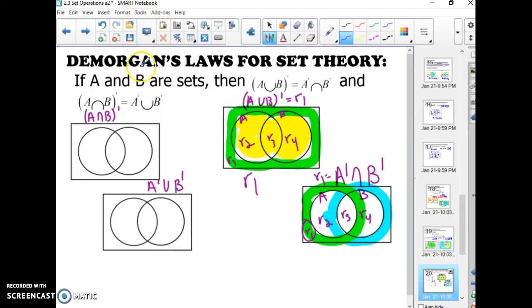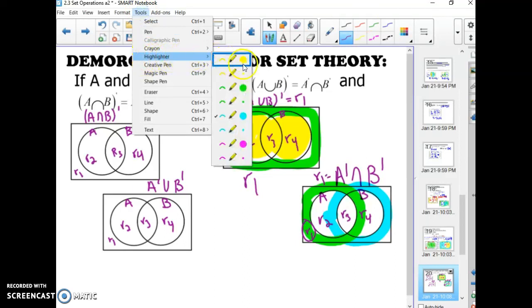Over here, I'm going to label A, B, region 1, region 2, region 3, region 4, region 1, region 2, region 3, region 4. Tools highlighter.